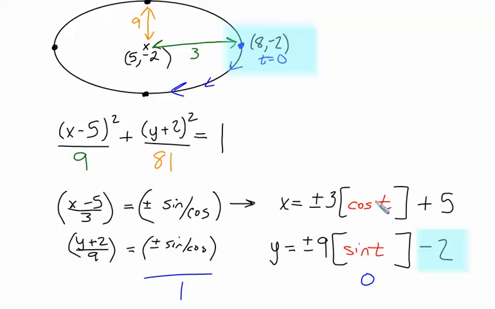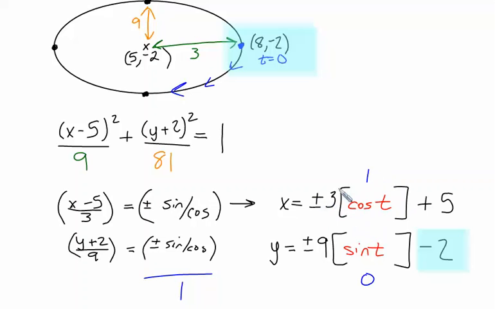So now that we put cosine here, remember that cosine of t is equal to 1 when t is equal to 0 because cosine of 0 is 1.